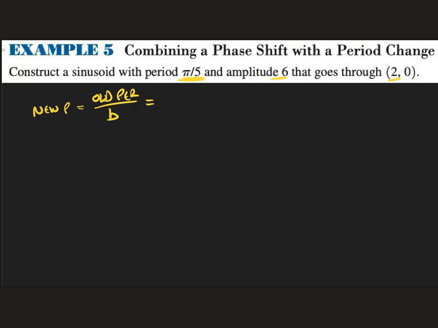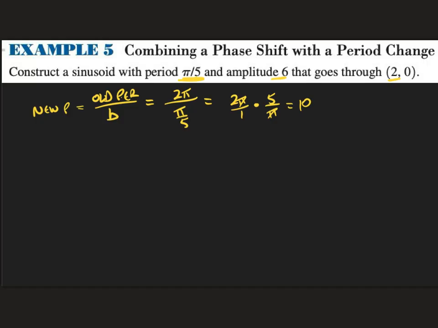The period of the sine and the cosine is the same, 2 pi, and we're going to divide it by pi over 5, which gives us 2 pi over 1 times 5 over pi. Pi's cancel out, leaving us with 10. Or no, I'm sorry, this is not our b. This is our new period.